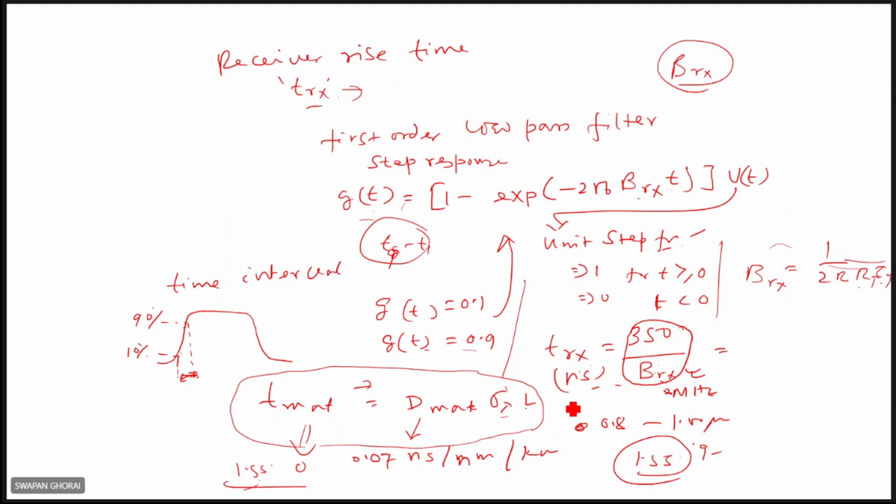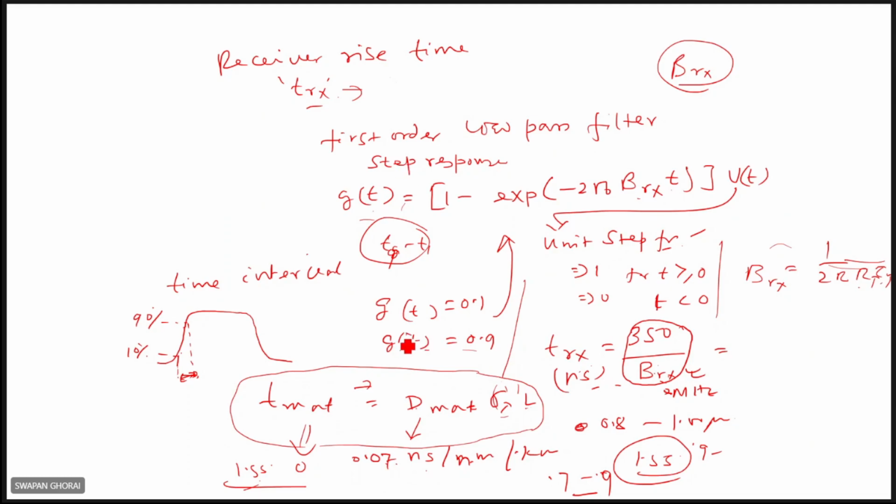But if it is the short wavelength region, say 0.7 to 0.9, if the operating wavelength is these ones, then of course you have to consider this factor D material, that will be 0.07 nanosecond per nanometer per kilometer, times the spectral width of the source, times the link length. So you have to calculate, right? If it is on the shorter wavelength side.